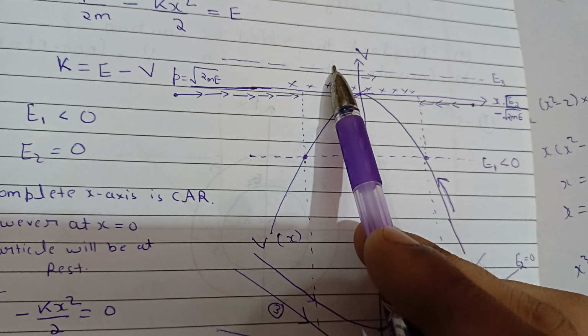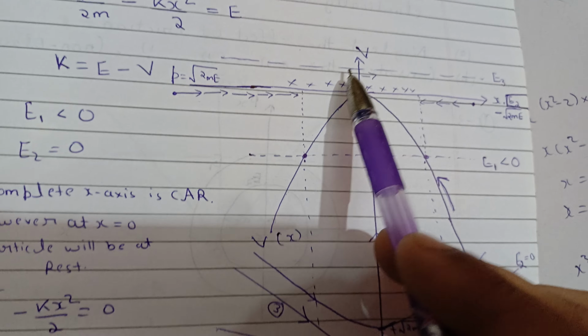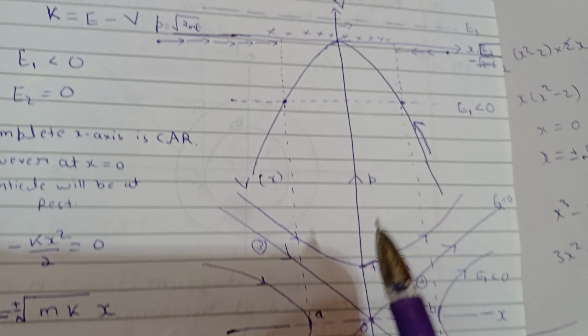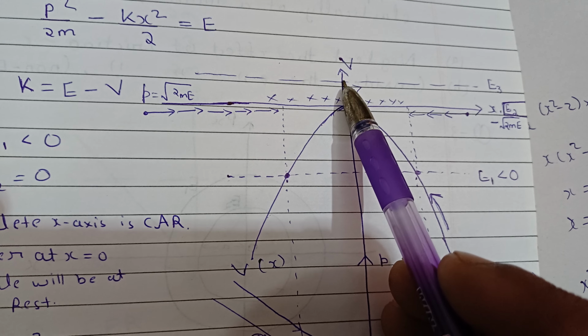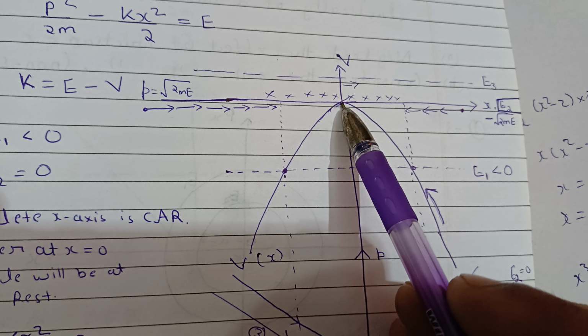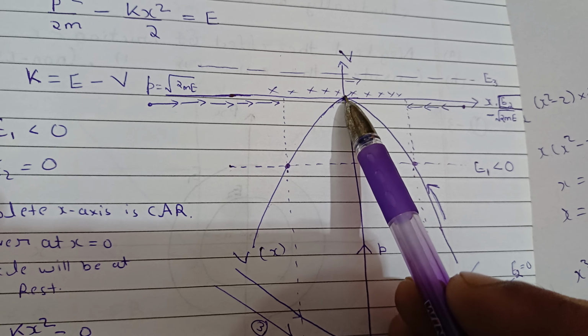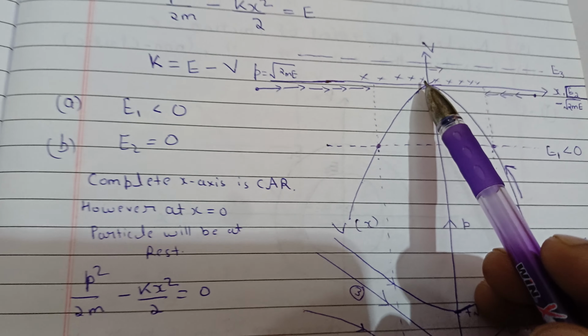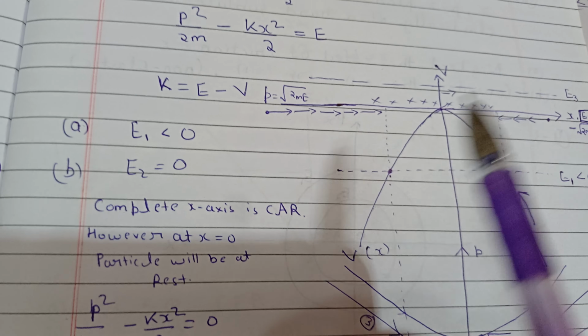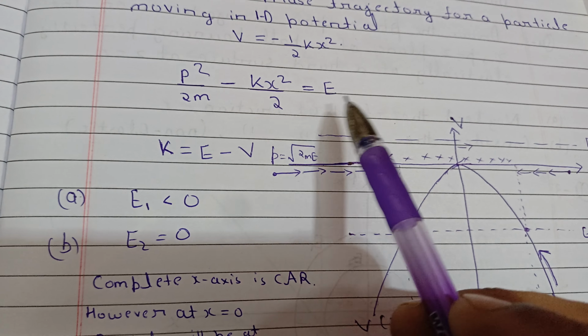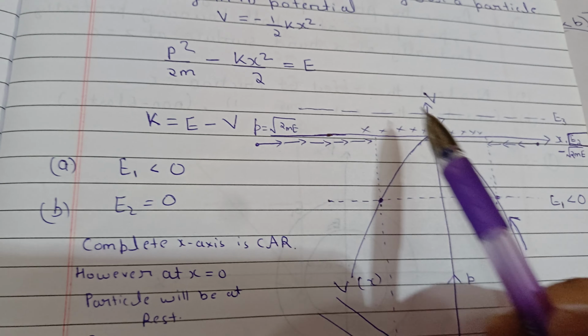It is going from here to here, momentum is decreasing, so it will go like this. At this point, we have potential equal to 0. So when x equal to 0, potential equal to 0, substitute the value, and the energy is E3. So P will be root 2mE3.